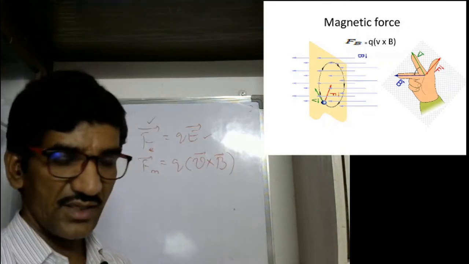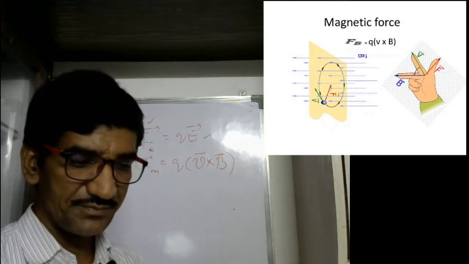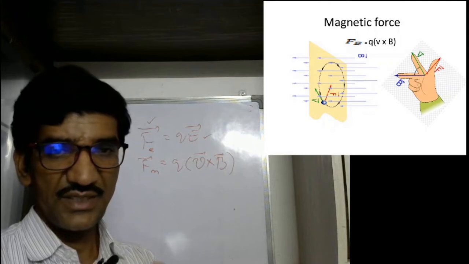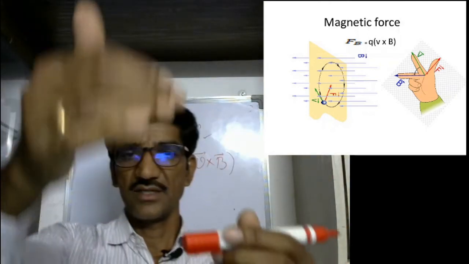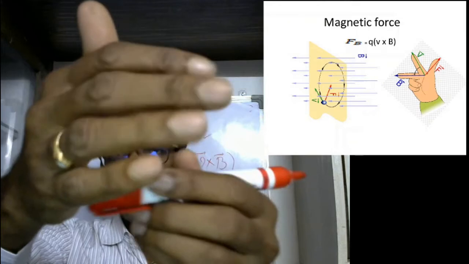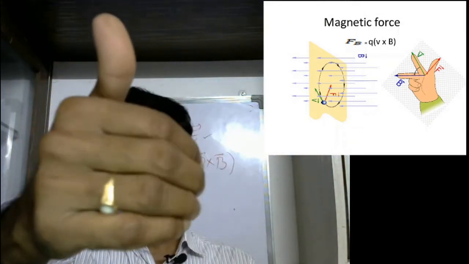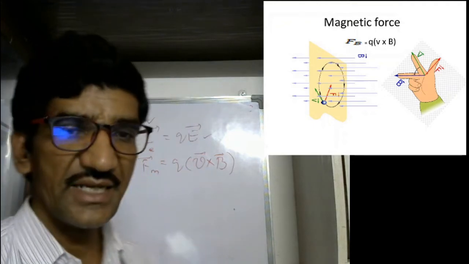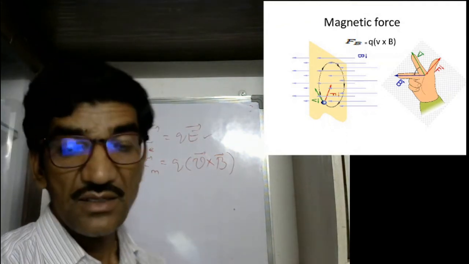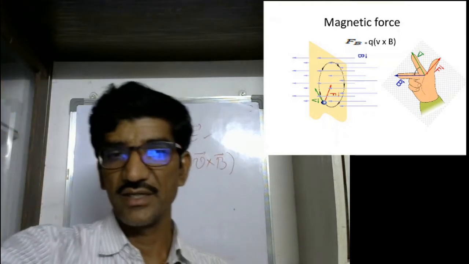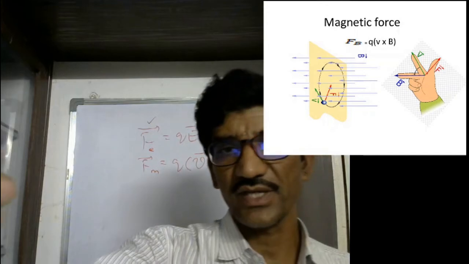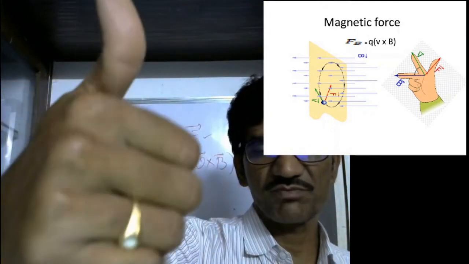Suppose that this is b, this is v. Your fingers are bringing that v vector onto the b vector. Then, in that case, the direction of force will be along your thumb.